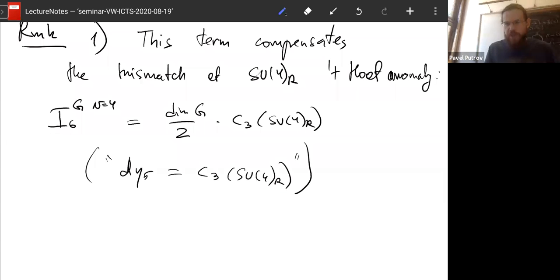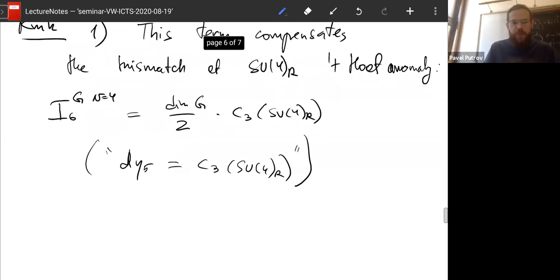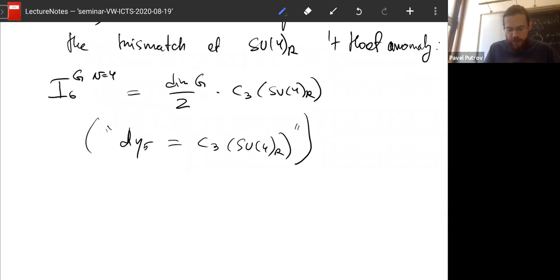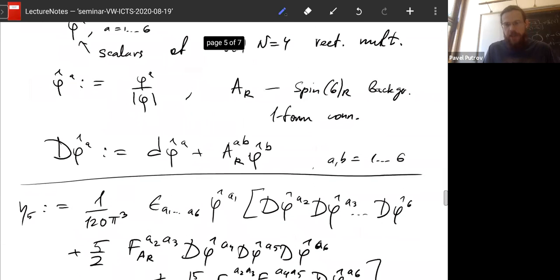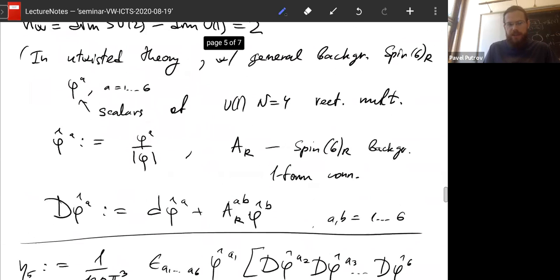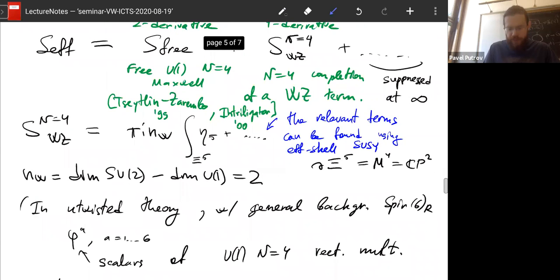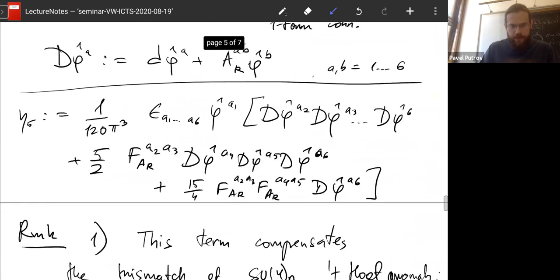This is a loosely written form, but one can make it more precise. This form is not closed for a general background R-symmetry. It's closed if the background R-symmetry is trivial, but for non-trivial background R-symmetry, it's not closed. That's why it's anomalous.